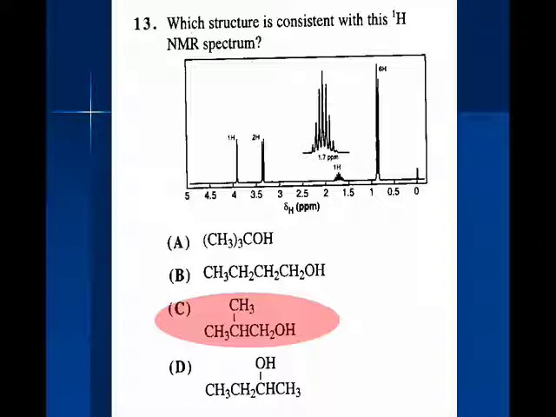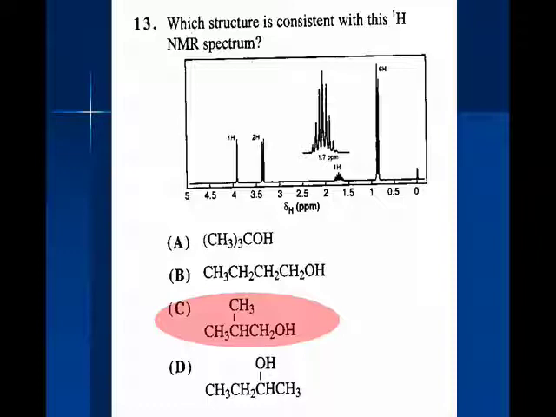Now wait a second. Hold it. This CH2 is appearing as a doublet, right? But how many neighbors does it really have? It's got this neighbor. What about the OH? It does count. It is a neighbor, is it not? It's on an adjacent atom. So why is it appearing as a doublet and not a triplet?